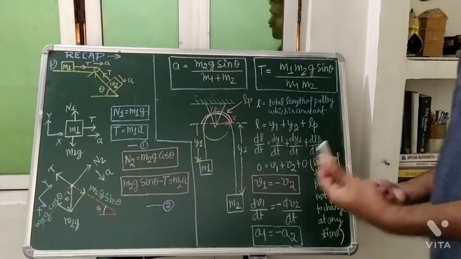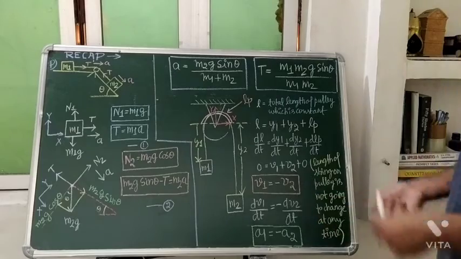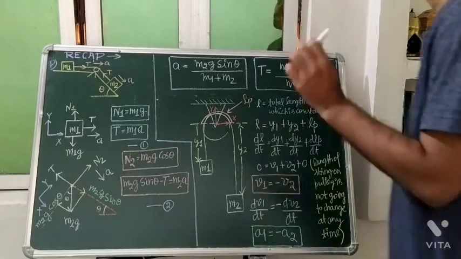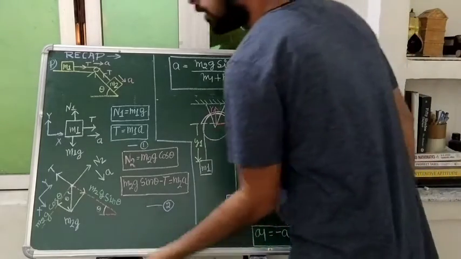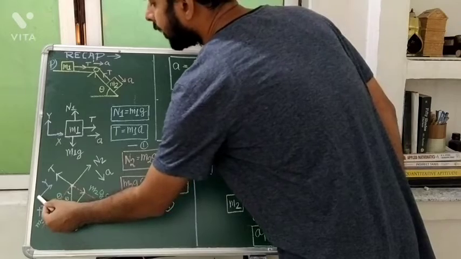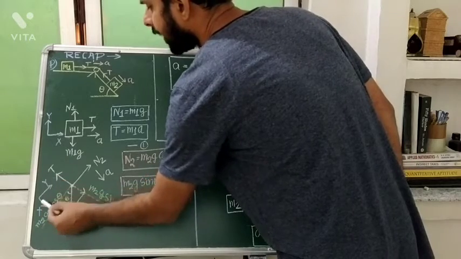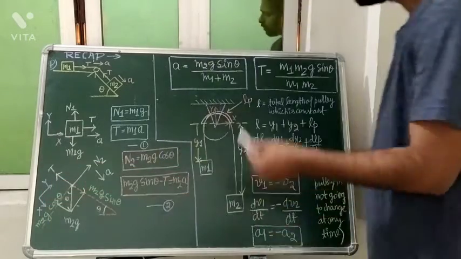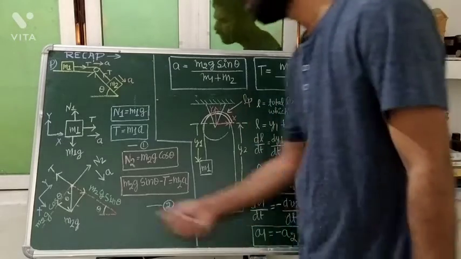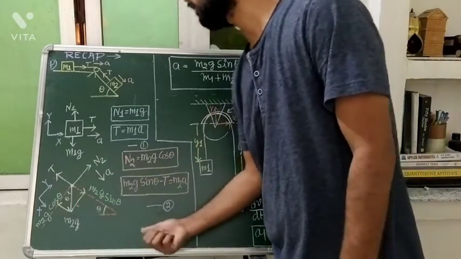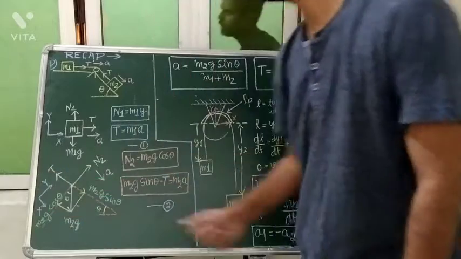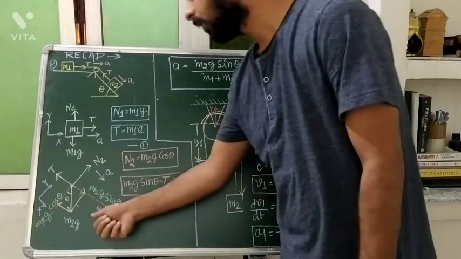So what can we do? We can resolve this m2g along the contact surface and perpendicular to the contact surface. Suppose we are fixing our frame of reference like this. This is our y direction, this one is our x direction. I have told you that we will resolve this along the contact surface and perpendicular to the contact surface. So this is theta.